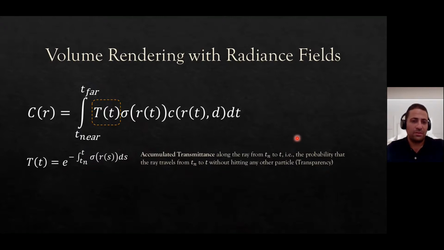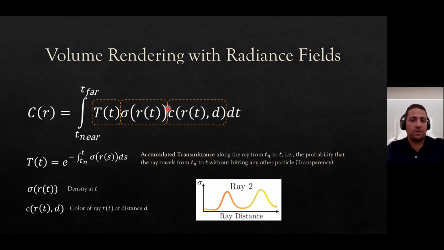That is what this term means. Is there something along the way or not? Next, sigma of the ray at point t is basically the density at this point. Finally, the color, this is the color of the ray R at a distance D.